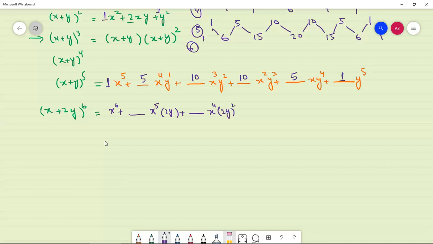Then plus, leave a space for coefficient, x cube, 2y whole cube. Then plus, leave a space for coefficient, x square, and then 2y power 4, then plus x, and then 2y power 5, and then plus x power would become 0, then there is only coefficient and 2y power 6.